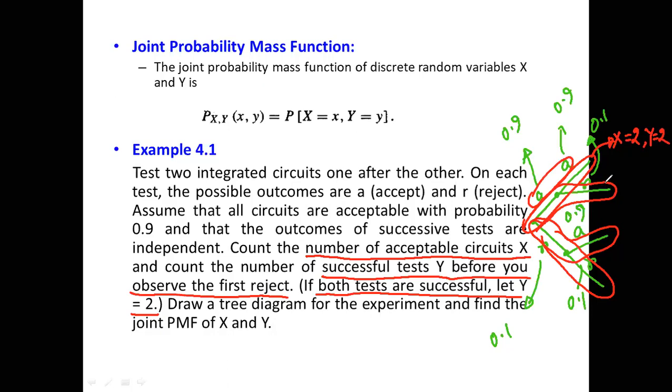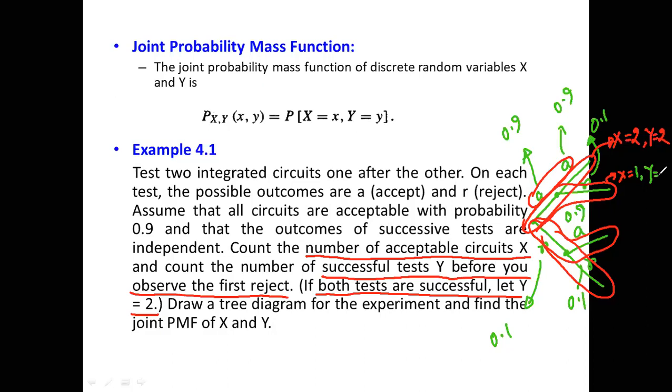In this branch, what is the value of X? Sir, X equals 1. Is it clear? Yes, because 1 accept, 1 reject. Now, what is the Y value? Sir, is Y also equal to 1?